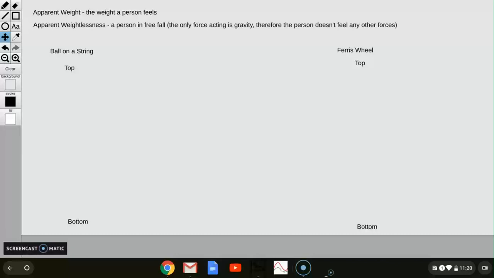Okay, so now we're going to talk about apparent weight because, as you can see, whenever we're going around in a vertical circle, there's going to be a normal force and there's going to be a force of gravity. If you remember back from when we were talking about problems in elevators, we talked about apparent weight then, and that was the weight a person feels.